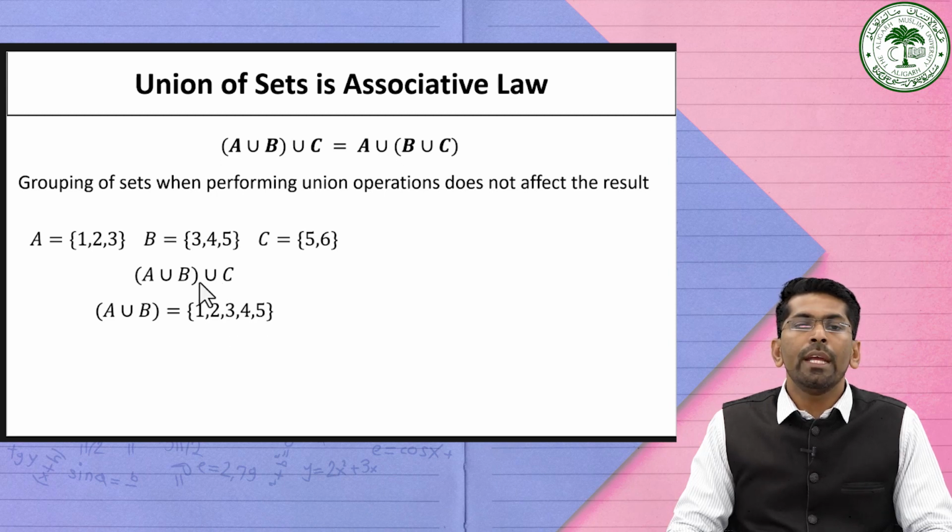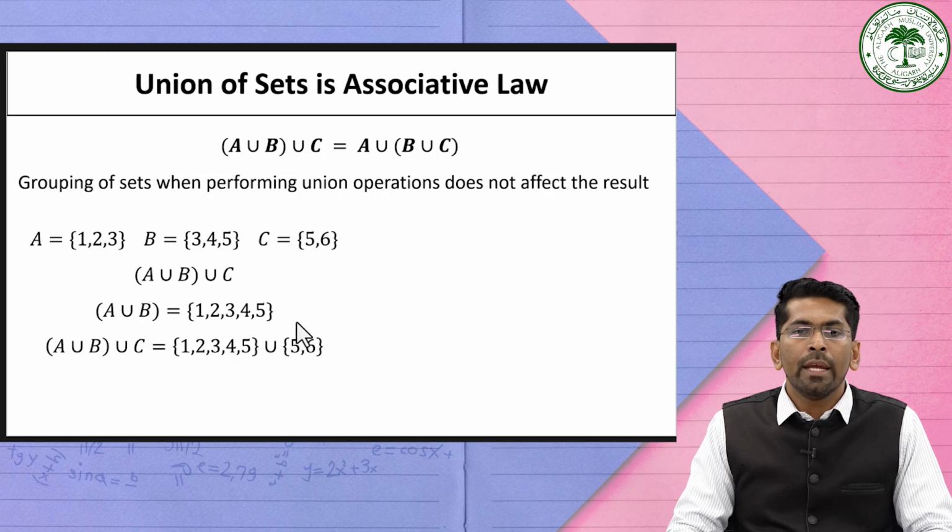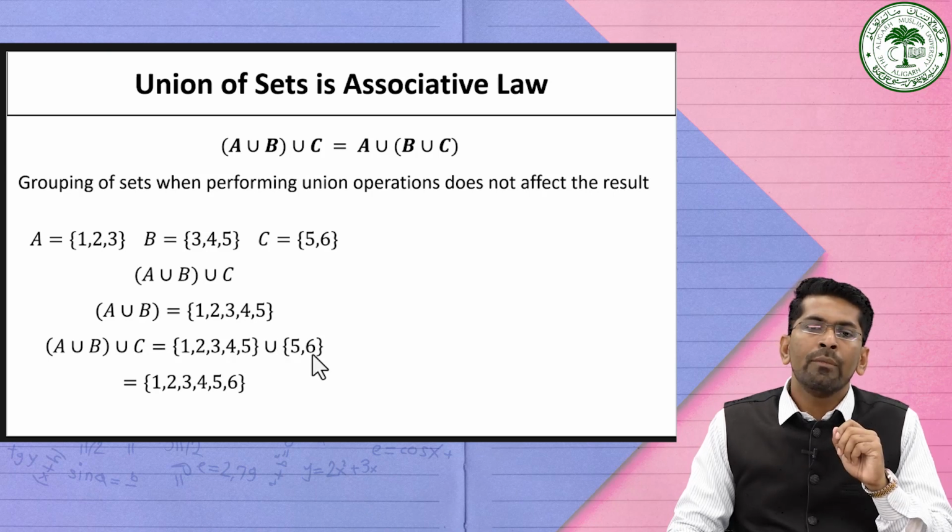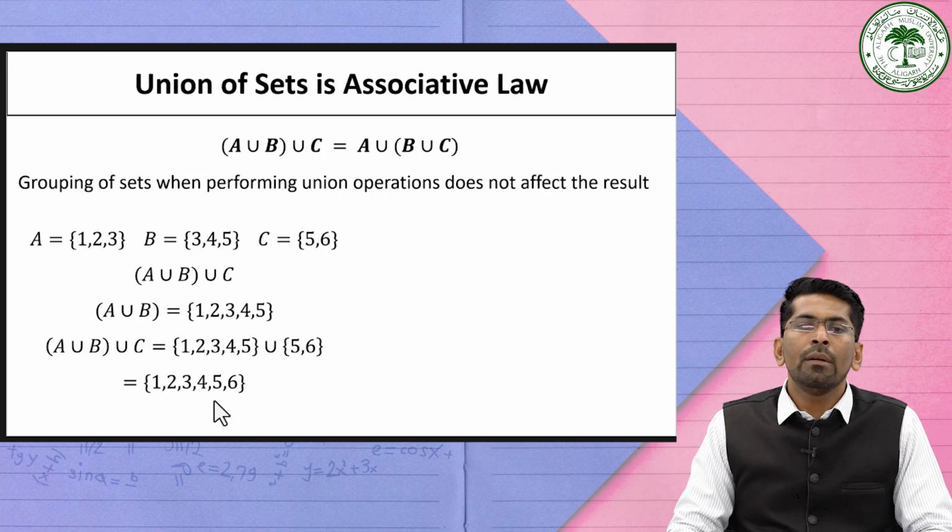Then we take (A union B) union C. It is {1, 2, 3, 4, 5}, that is A union B, union C, which is {5, 6}. If you combine it, then (A union B) union C is equal to 1, 2, 3, 4, 5. Five is repeated here, so we are considering it only once. Then we have 6 here. So it is {1, 2, 3, 4, 5, 6}.